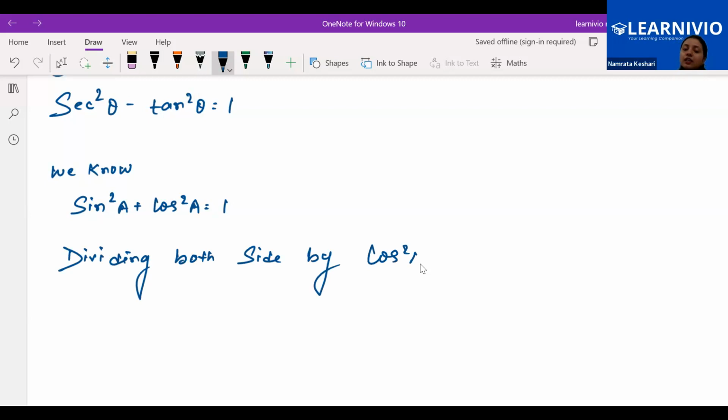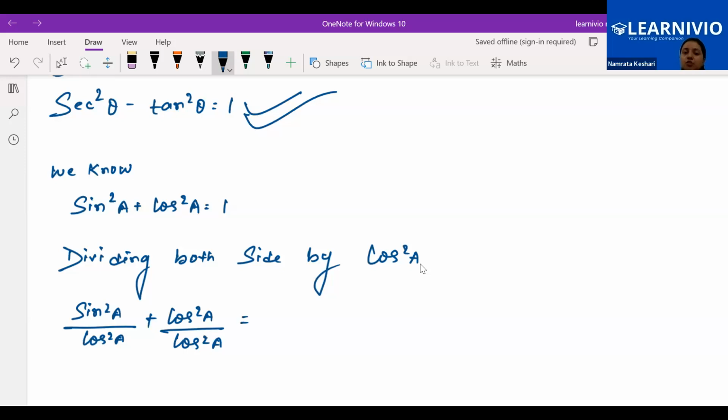What are you getting? It will be sin square A by cos square A plus cos square A by cos square A, equals 1 by cos square A. This is the proof I am showing to you.